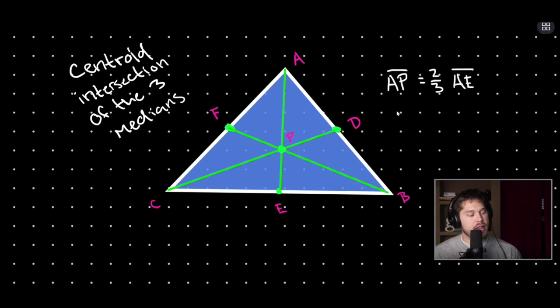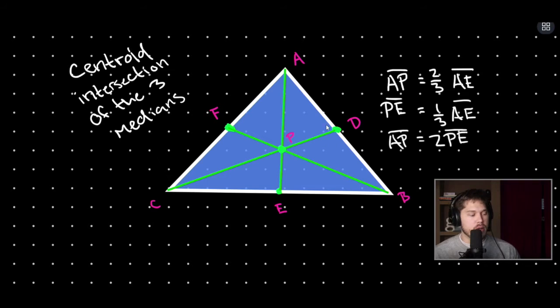So that would imply that the length PE is 1/3 of AE. Oops, I wrote B instead of AE. And then, of course, AP is equal to twice the length of PE.